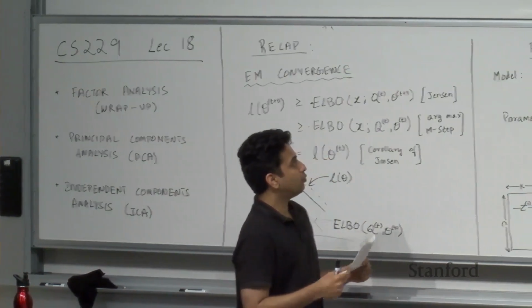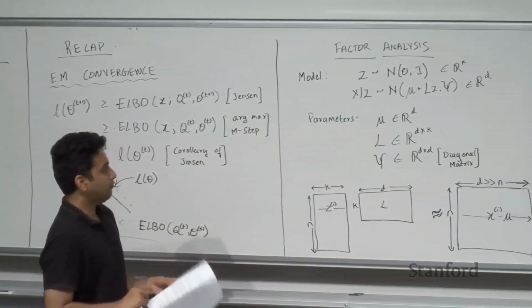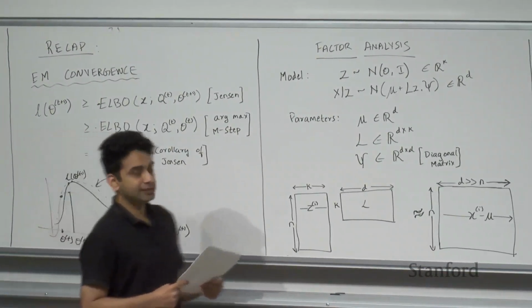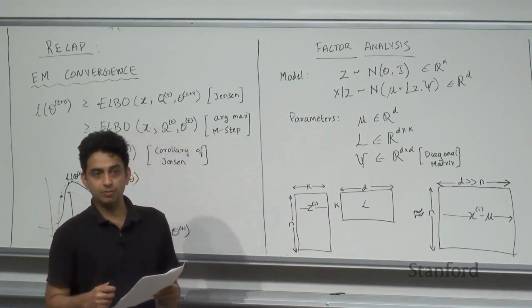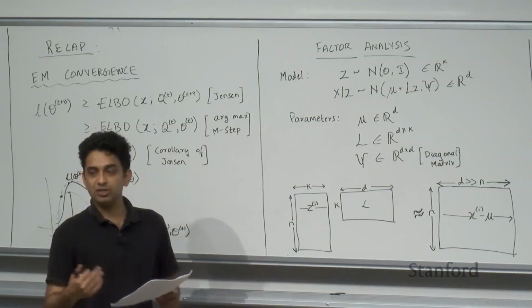And then we moved on to factor analysis, where we were interested in the case where we want to model x's that live in a d-dimensional space, but we have n number of x's where n is much smaller than d.